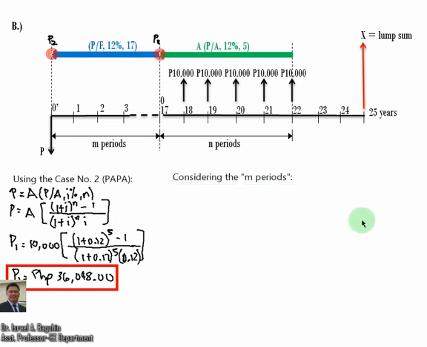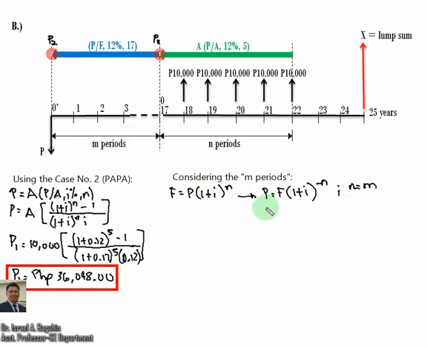So we have this formula since we are after the principal amount. From this formula, F is equal to P times 1 plus I raised to the N. So we can get the value of P equals F times 1 plus I raised to the negative N. Here our N is just equal to M since we are considering the M period.